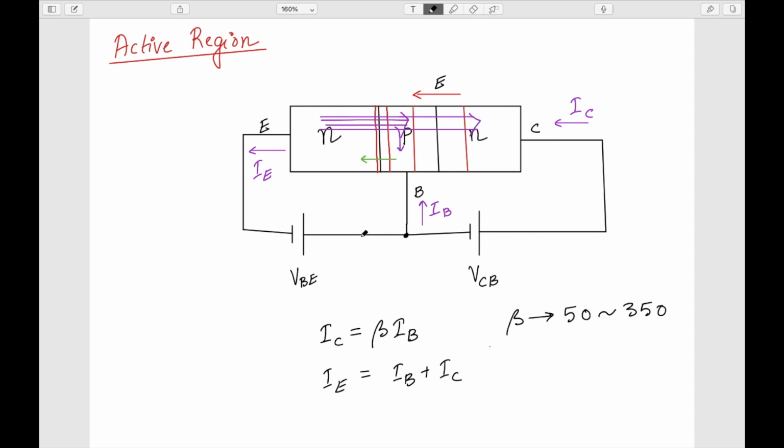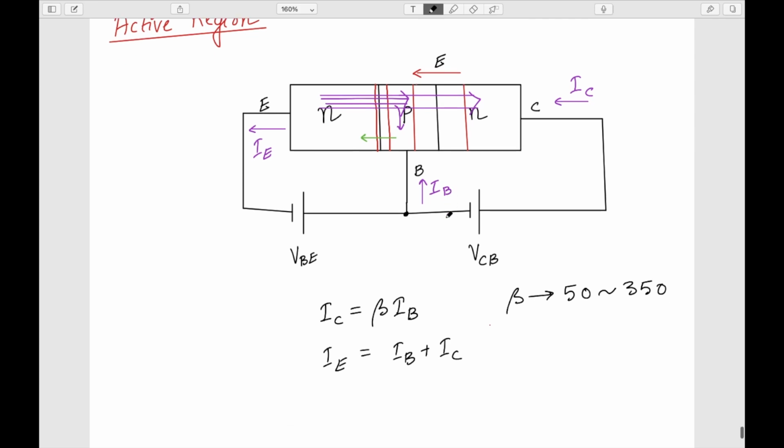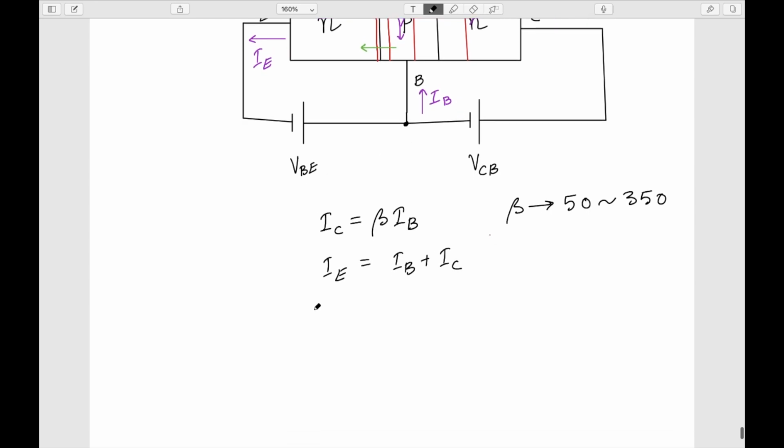So coming back to the operation of this transistor, if you see here, this PN junction, the junction between the base and the emitter, is in the forward bias region. So this base current will follow the same principle as the diode. What I mean is the relationship between IB and VBE will be the same as the equation that we had, some IS times e to the power VBE by VT.